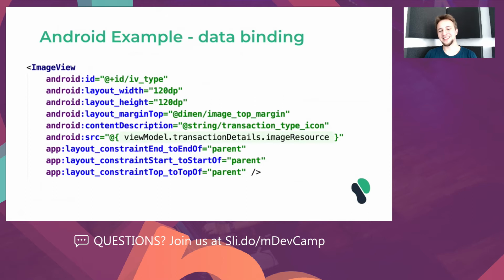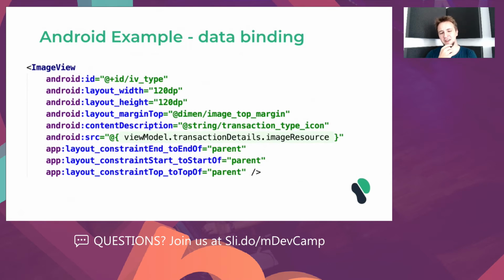So let's take a look at a seemingly innocent example of boilerplate code, and that is how data binding is done in Android, and in iOS it's almost the same thing, but with different syntax.